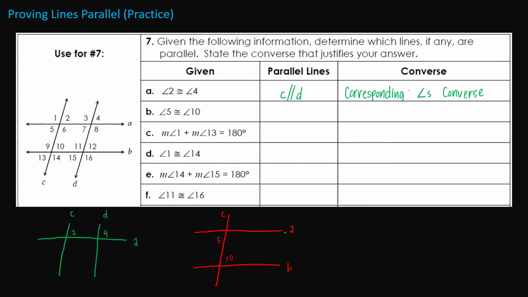That would make line A parallel to line B. So since they are congruent, that makes line A parallel to line B by the alternate interior angles converse.